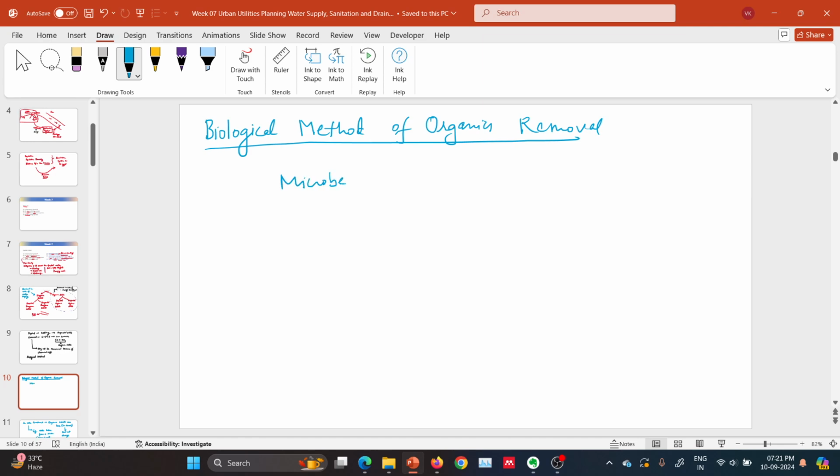Microbes utilize organic matter and multiply. Organic matter means mostly dissolved, biodegradable organic matter.